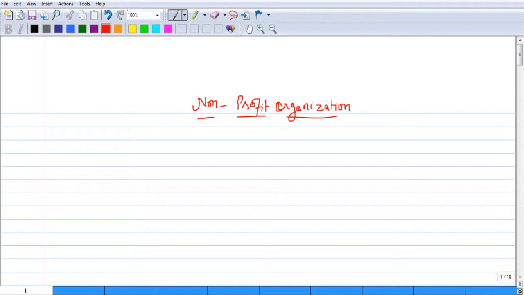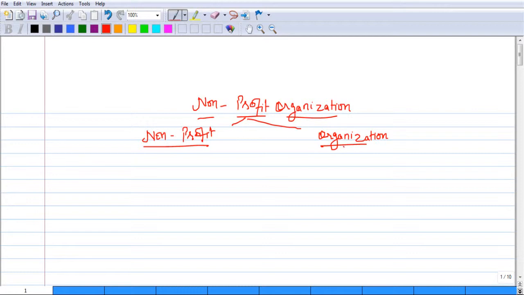So for its meaning, I'll divide it into two parts. The first element is non-profit, the second element is organization.